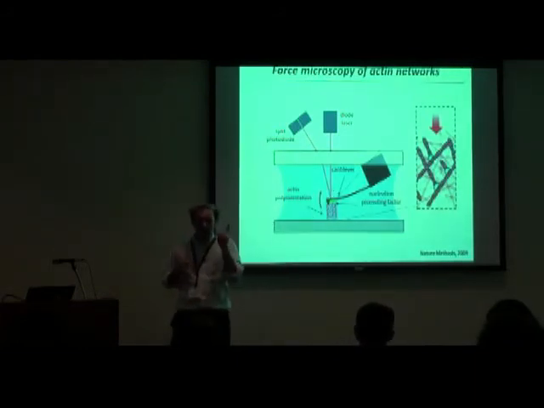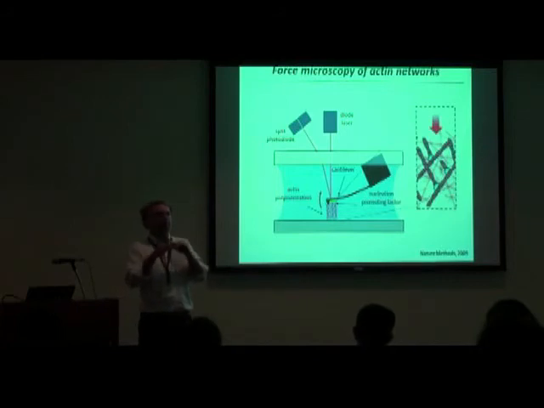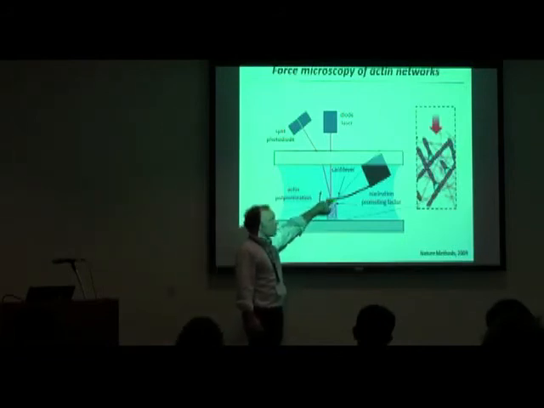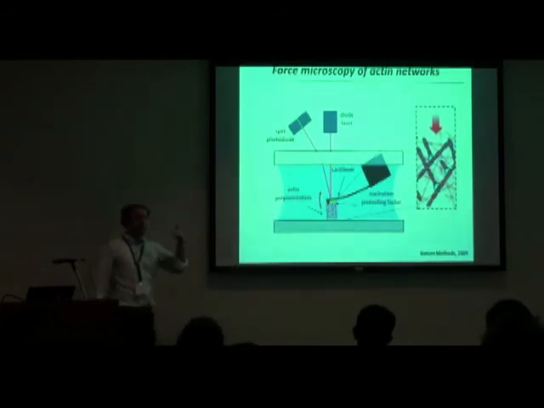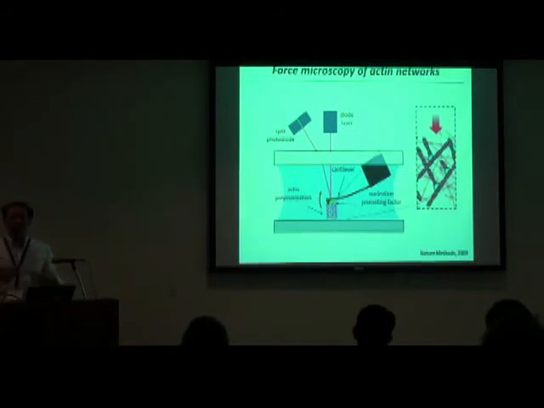So we only have one control, one thing that keeps this from being a random polymerizing network everywhere, and that is putting what's known as a nucleation promoting factor on the surface. And that's just like what the cell does. It keeps that nucleation promoting factor on the cell surface.